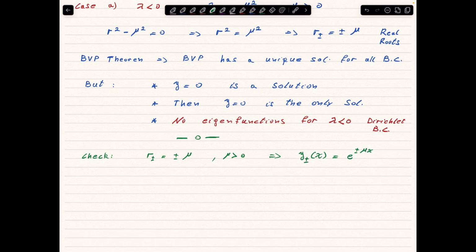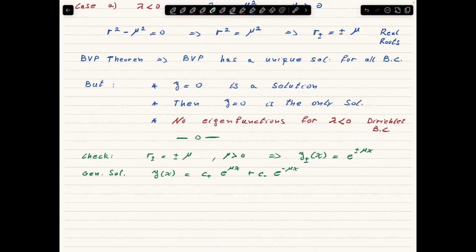Then we get the general solution, and the general solution is going to be nothing more than a linear combination with c plus exponential mu x plus c minus exponential negative mu x.